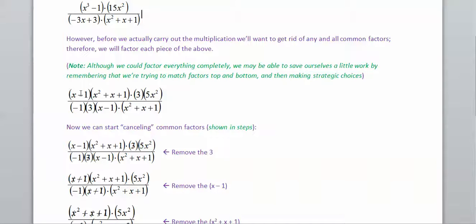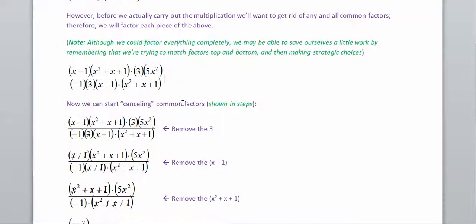That's going to factor into the first two pieces right here. Recognizing that there's a 3 that'll factor out of there and a 3 that'll factor out of 15, I factored the 3 out of the 15. And I factored both a negative 1 and the 3 out of the minus 3x plus 3. And then our last factor there doesn't factor at all.